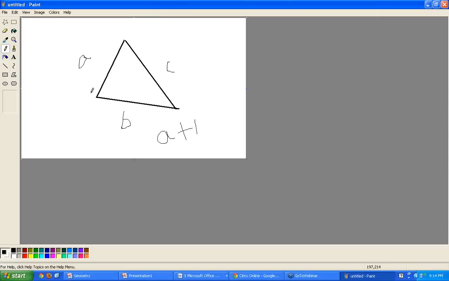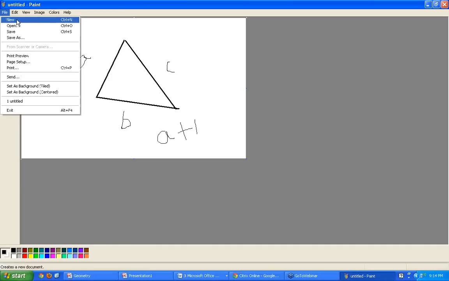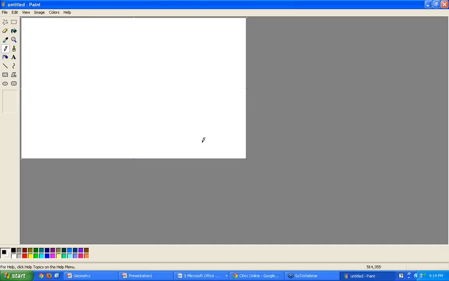Supposing this is a triangle, you can form 2 circles, two kinds of circles which are used.